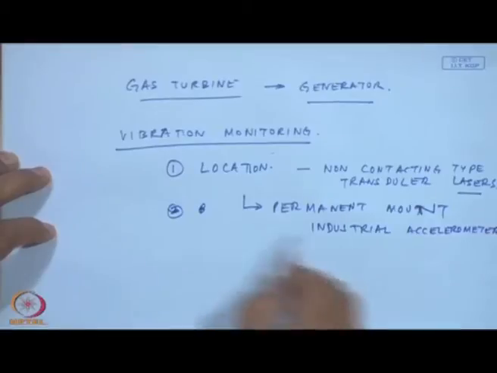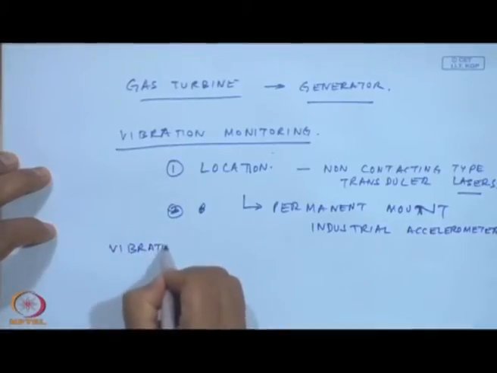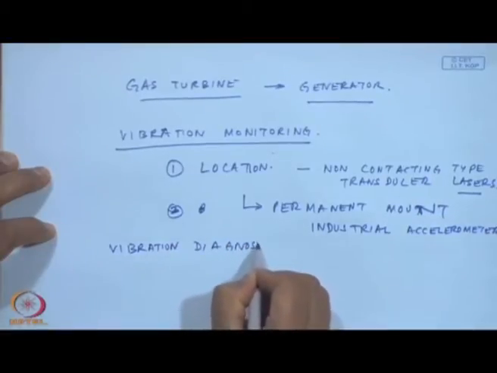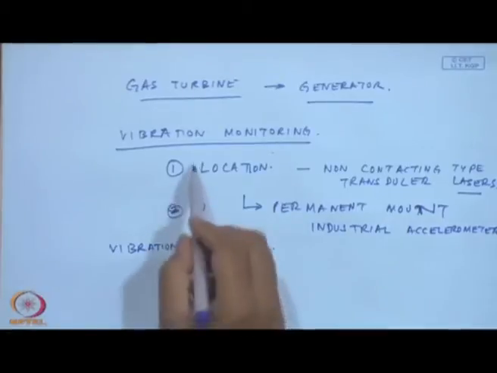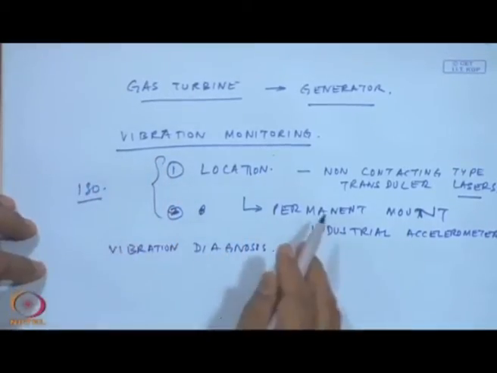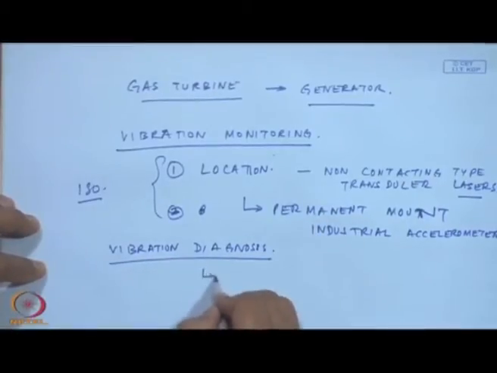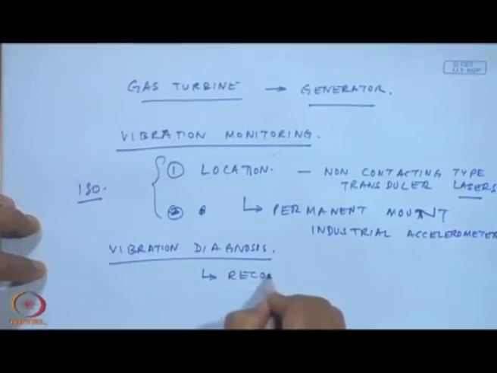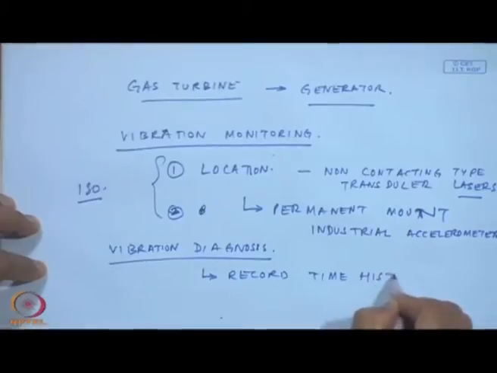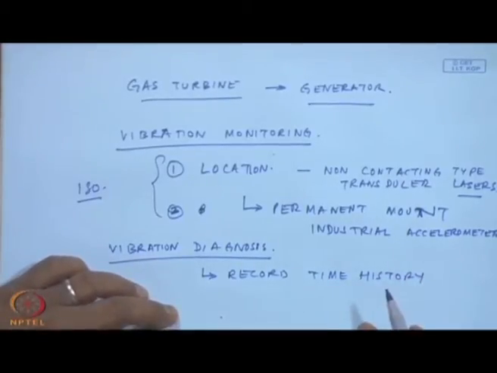But for vibration diagnosis, and for vibration monitoring, as long as I follow the ISO standards, I am doing good. But for vibration diagnosis, I need to record the time history either through a tape recorder or through a digital data recorder.